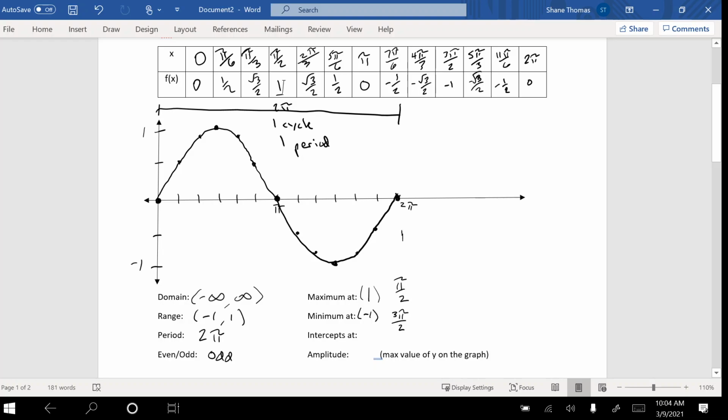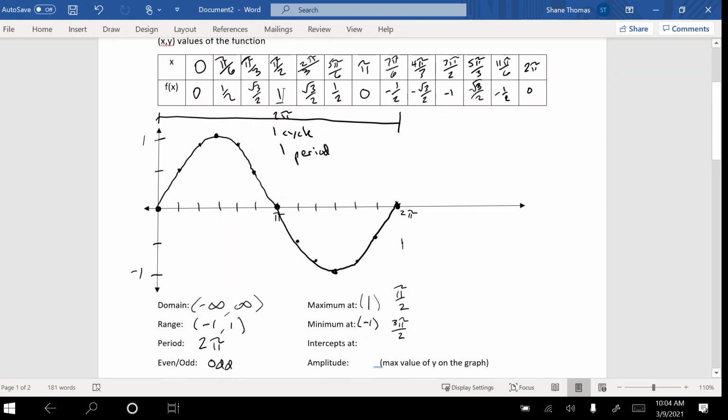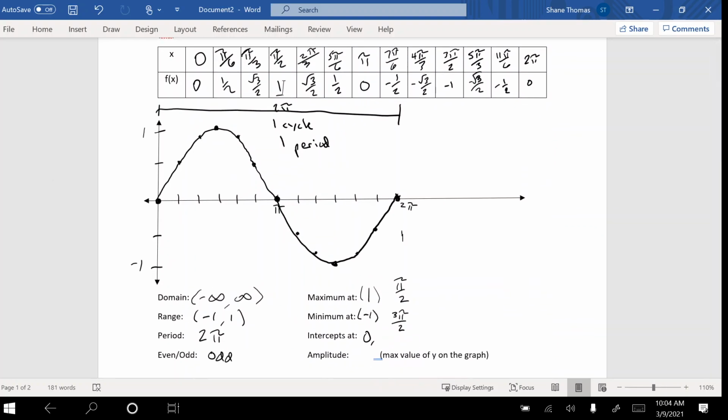And then my intercepts, so across the x-axis, I have 3 of them, right? 0. Where else does it occur at? Pi, 2 pi. Now, I want you to notice something here. Each one of these occurred every quarter period.